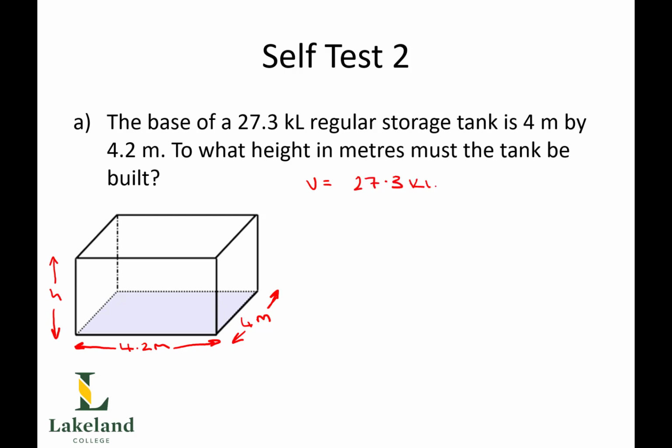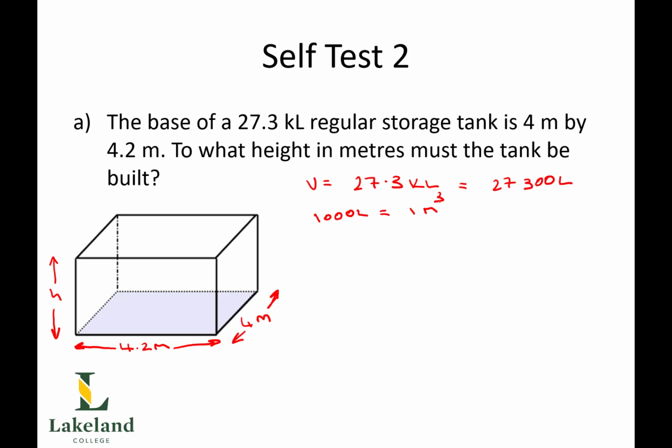27.3 kilolitres. Well, first of all, what's a kilolitre? A kilolitre is 1,000 litres, so therefore 27.3 kilolitres is 27,300 litres. And I know from an identity in my academic supplement that we've seen earlier that 1,000 litres is equal to 1 metre cubed.